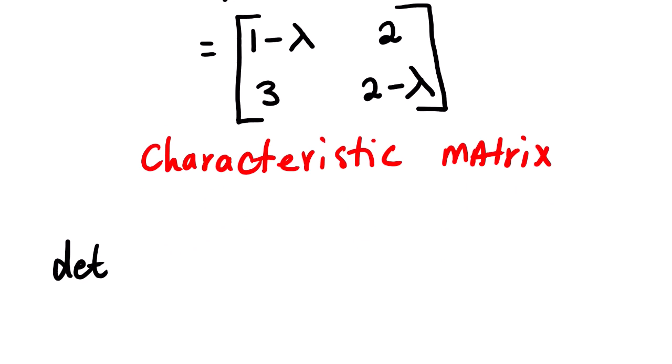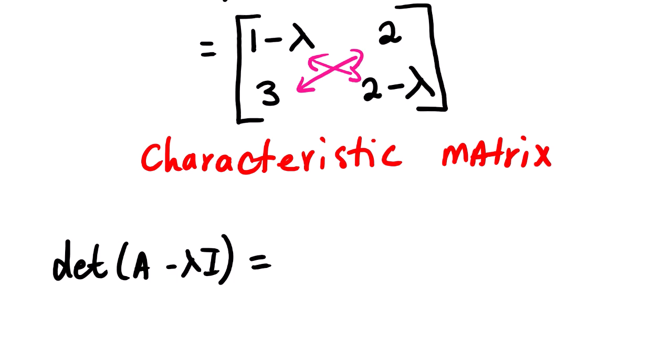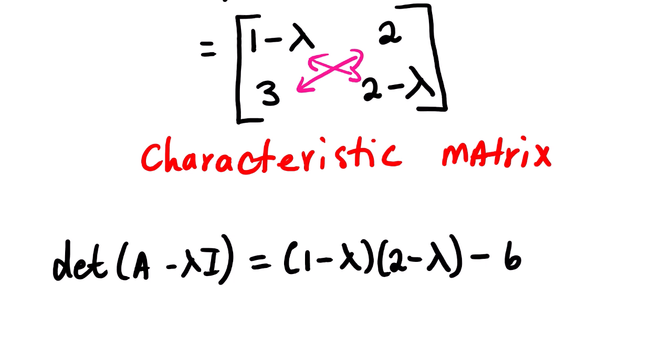So the determinant of A minus lambda I. We know that to find the determinant of a 2 by 2 matrix, we simply multiply the diagonal elements minus the other diagonal elements. So we have (1 minus lambda)(2 minus lambda) minus 2 multiplied by 3, which is 6.